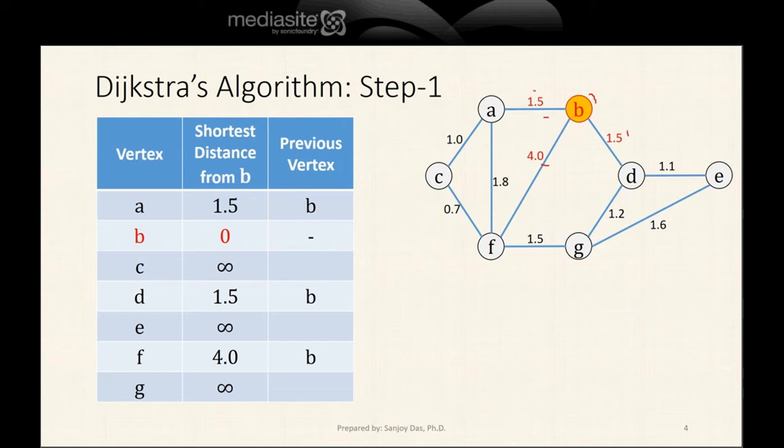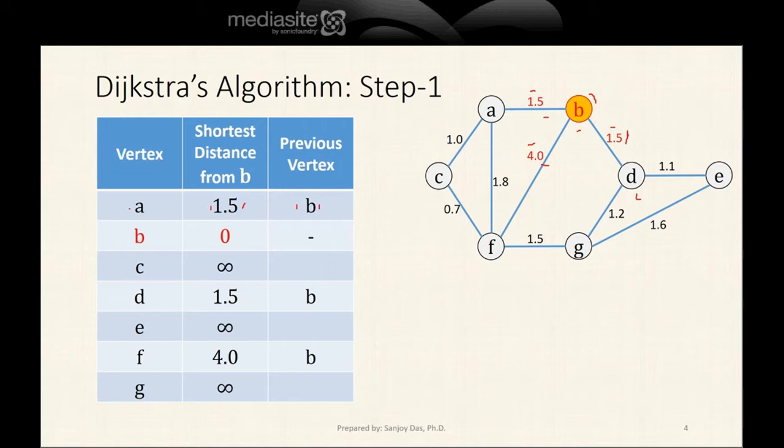That's why I've marked these 1.5, 4.0 and 1.5 red, because I'm looking at anything that comes out of B. So from B to A is 1.5, so I fill out this 1.5 here, and the previous vertex is B, because in order to reach A, so far the shortest distance is 1.5 and I have to enter via B. Likewise, from B to D, the distance found so far is 1.5.